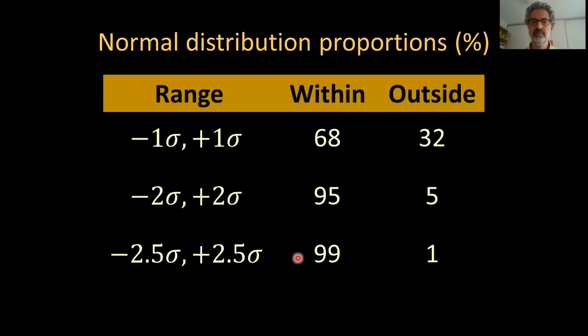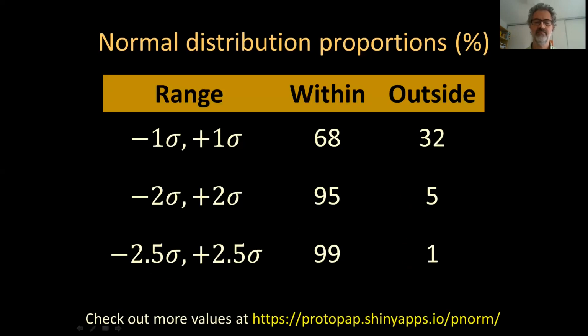And 99% of your data are going to be within 2.5 standard deviations away from the mean, and 1% of the data will be farther than 2.5 standard deviations away from the mean. And you can find the values and see the areas that correspond to proportions for any number of standard deviations using the application online you can find at this link.